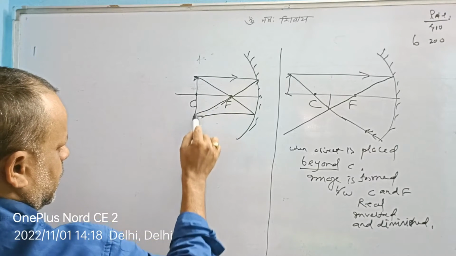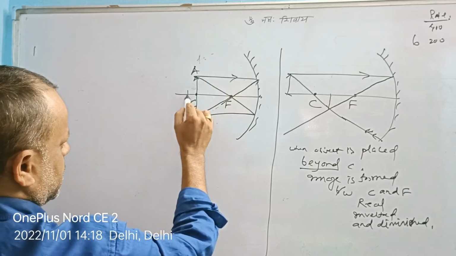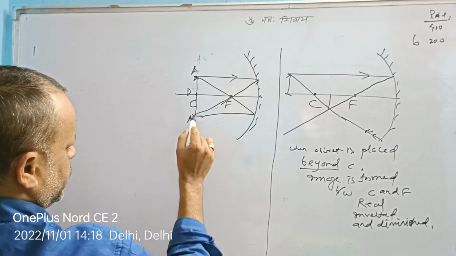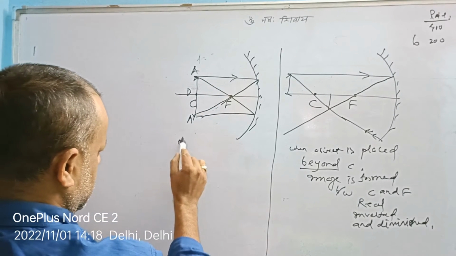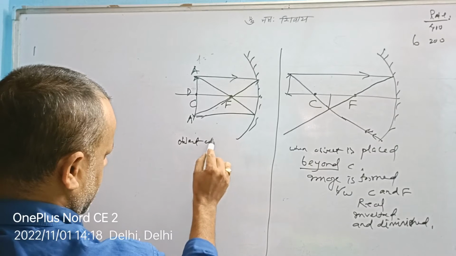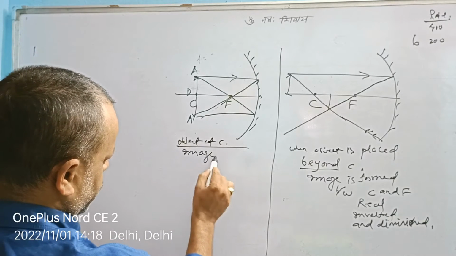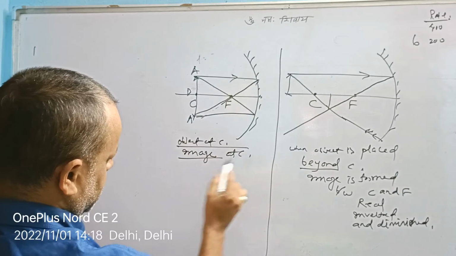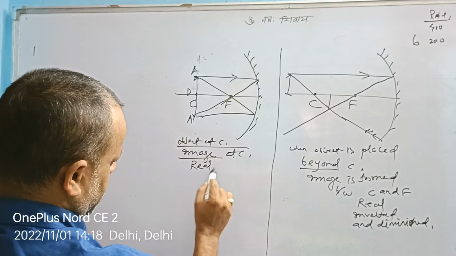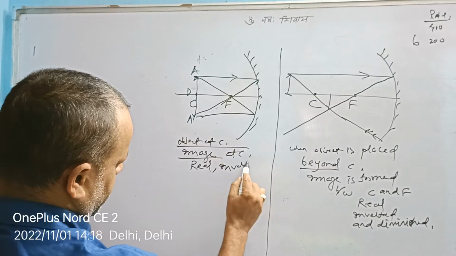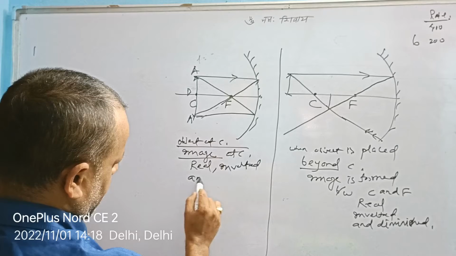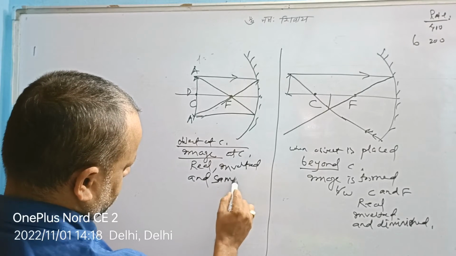So when the object is placed at the center of curvature, the image is also formed at that point. Object at C, image is also formed at C, real, inverted and same size.